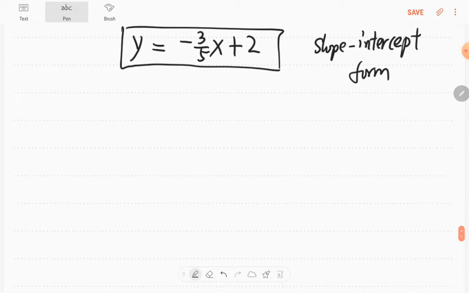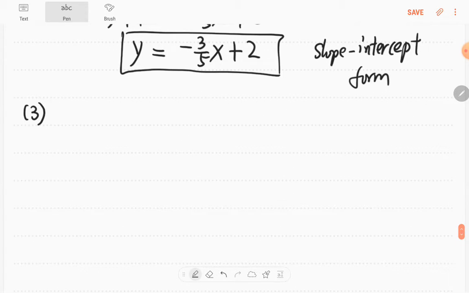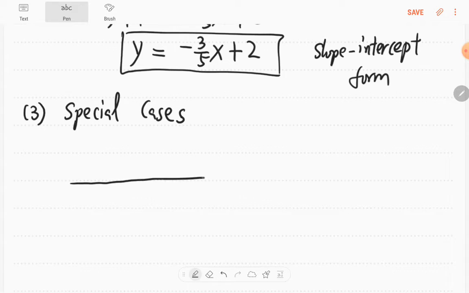There are some special cases. If you have a vertical line, we have no slope, right?